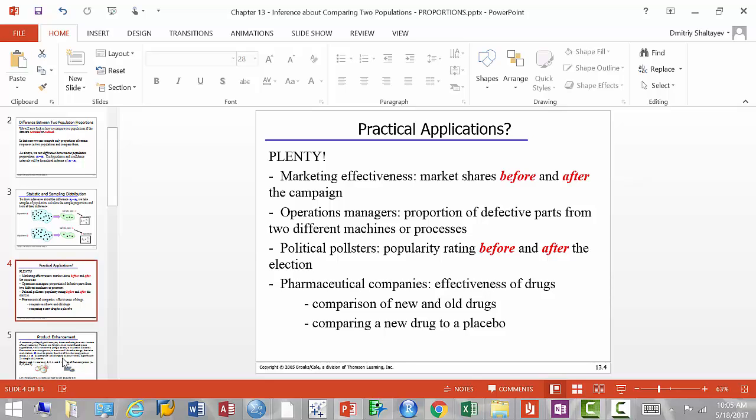That's one example. Another example is marketing effectiveness, and that's actually what we're going to take a look at in just one sec. Market shares of the product before we run the advertising campaign and after, okay? So, for example, let's say before we controlled 15% of the market, then we ran advertising or changed the product somehow, made it better, customers like it, and now our market share went up, okay?